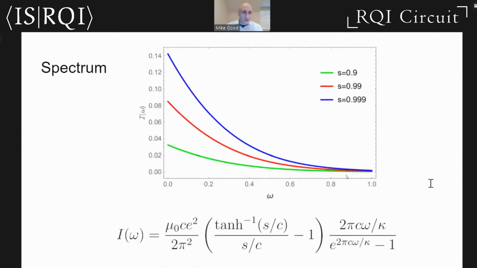So we can integrate this over the solid angle, and the Planck distribution remains robust, and you get an analytic spectrum. It depends on the electric charge, e squared. It also depends upon this factor in parentheses, which depends on the final speed of the electron.